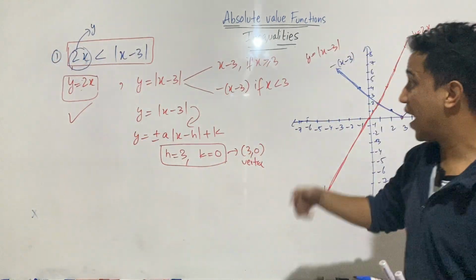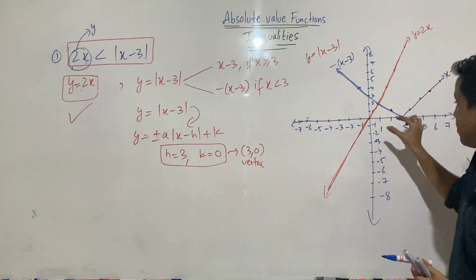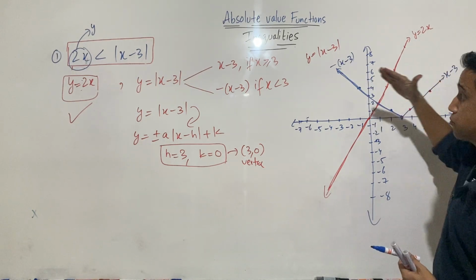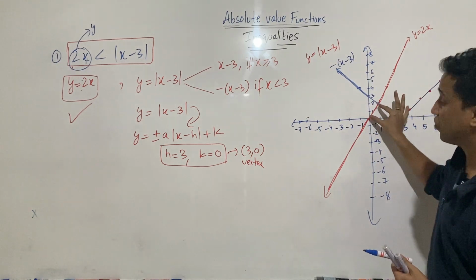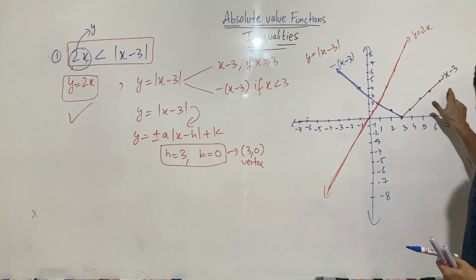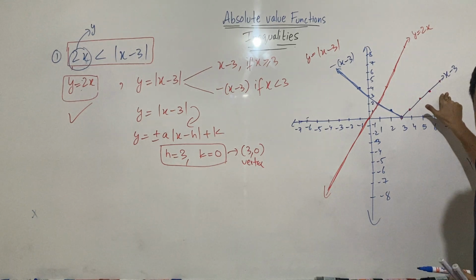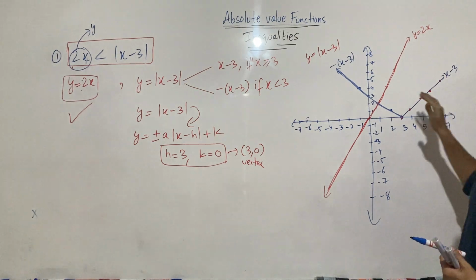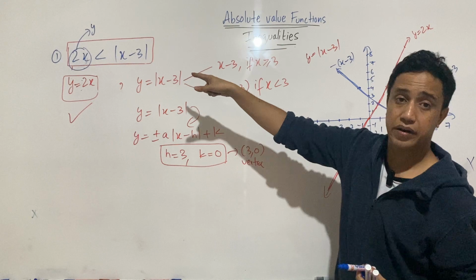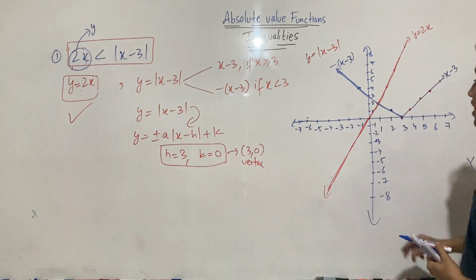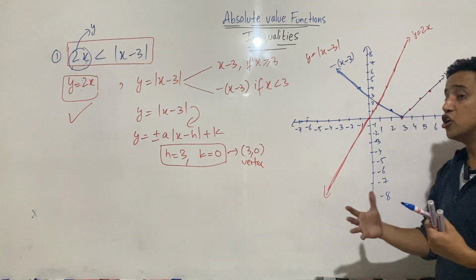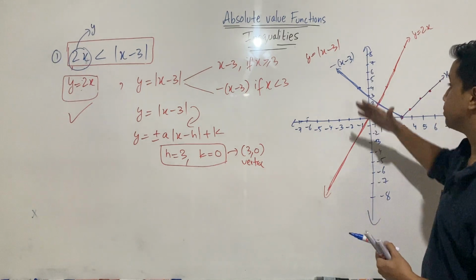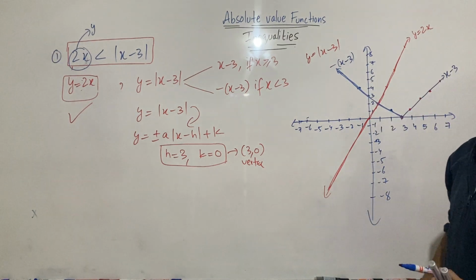And y is 2x. So what does it mean? Basically, it represents the region on this line that is below the absolute value function. I hope you got it. Okay, so 2x less than the absolute function x minus 3 means that they are asking you to mark the region on the straight line that falls below the absolute value function curve.